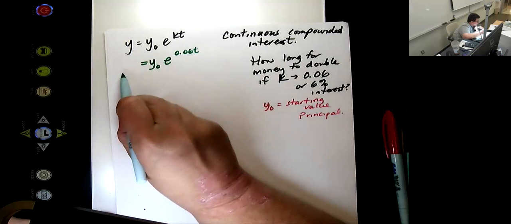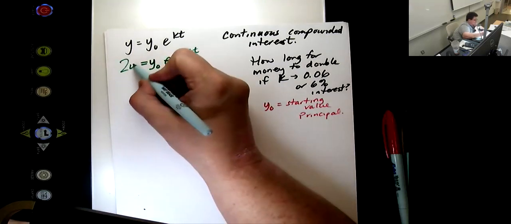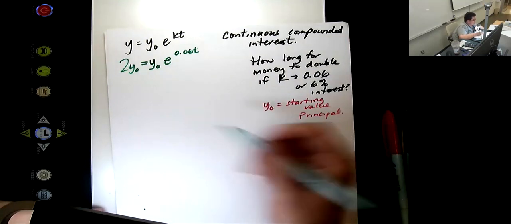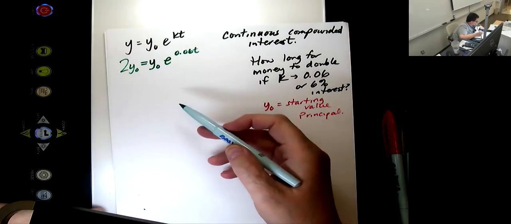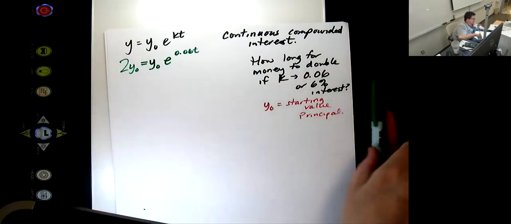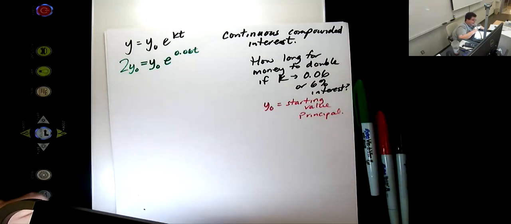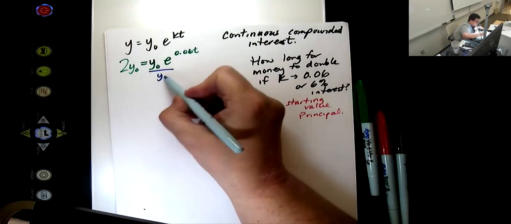What should be my value if I double it? Double y naught, 2 y naught. So it could be 10,000 and 20,000 or $1 and $2. No banks are going to give you interest on that. Let's get realistic. But the idea holds the same.